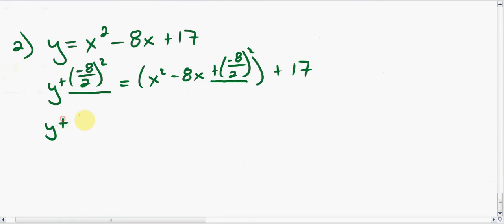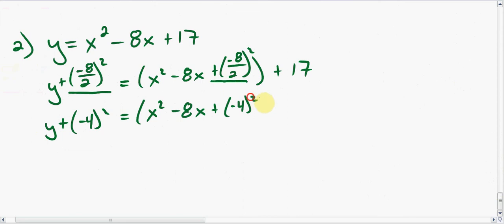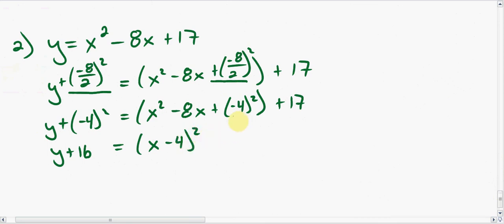So we've got y plus negative 4 squared equals x squared minus 8x plus negative 4 squared plus 17. Negative 4 squared is going to give us 16. Then x minus 4 squared, this negative 4 just transfers down into here, so plus 17.